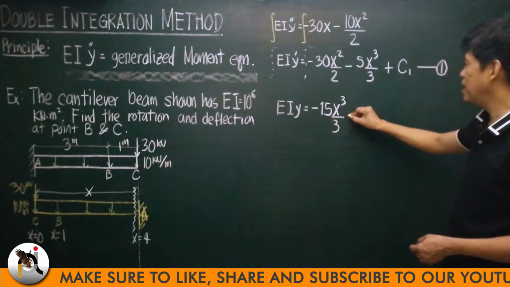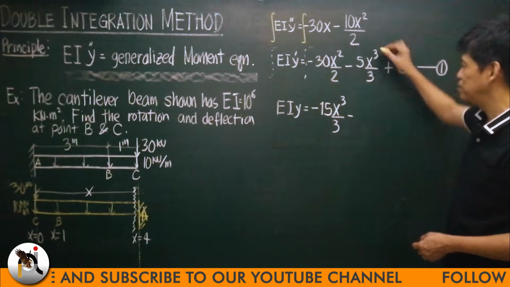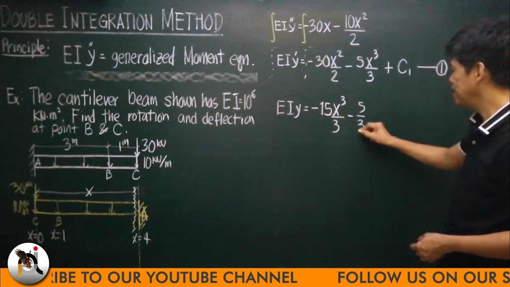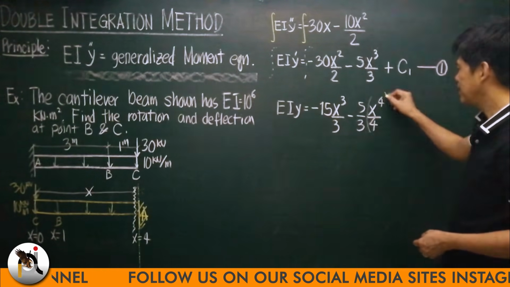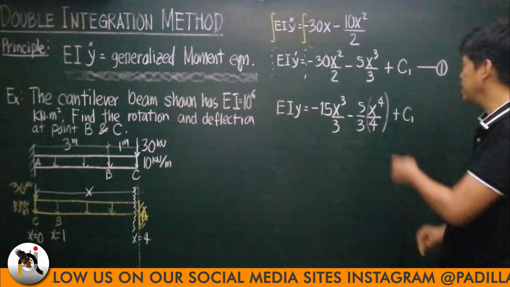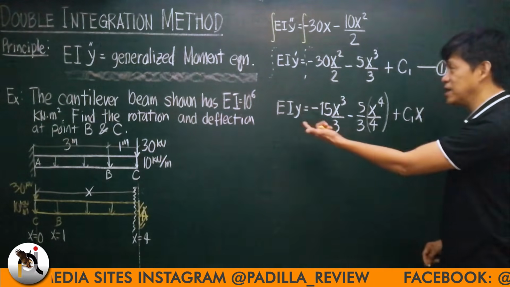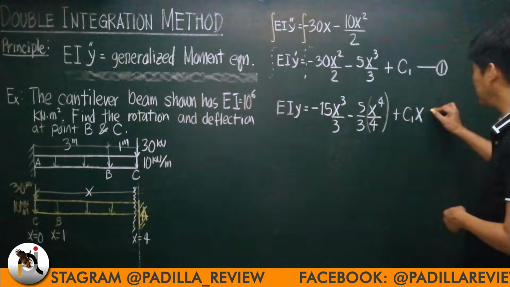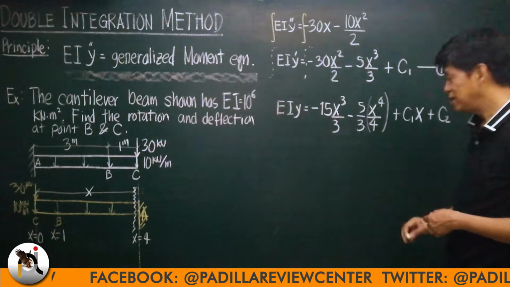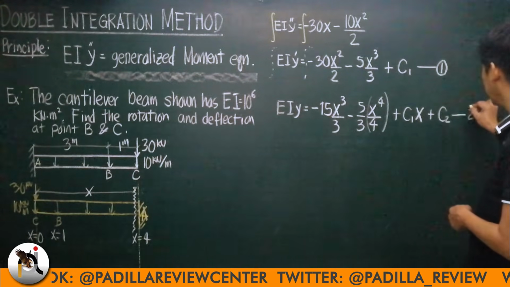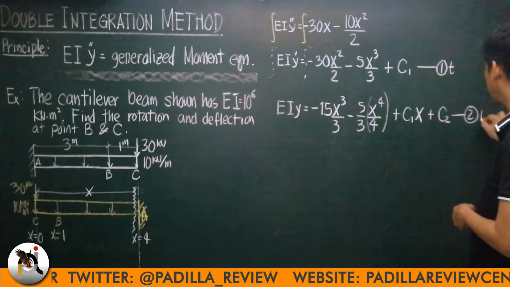So minus 5/3 times the integral of x cubed, which is x to the 4th over 4, plus the integral of C1 dx, which is C1x. We integrate without limits, so you have to add the constant of integration C2. So let me call this equation 2. Let's call it 2t, temporary.